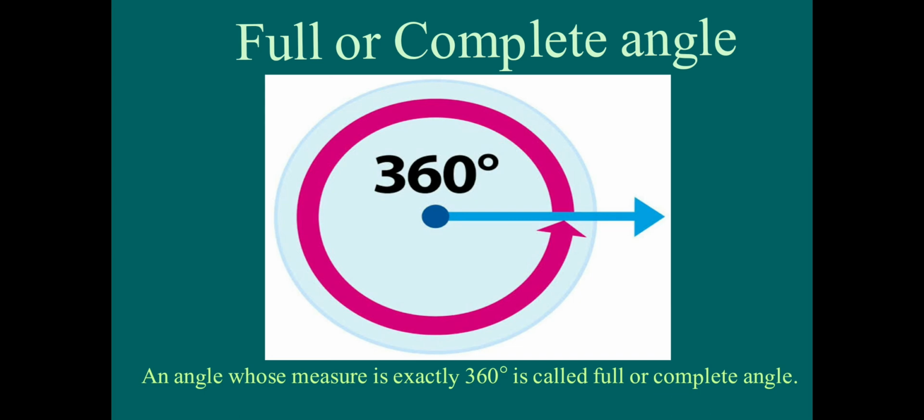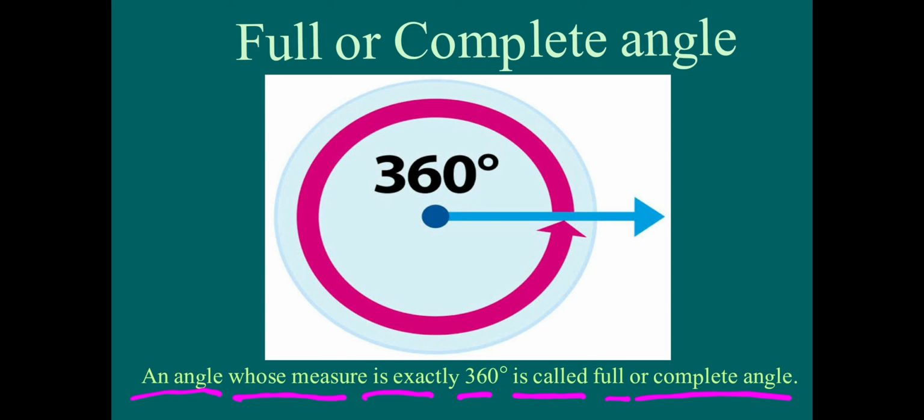An angle made in this way is called a full or complete angle. The measure of a complete angle is 360 degree. The definition of a full angle is an angle whose measure is exactly 360 degree, called a full angle or complete angle.